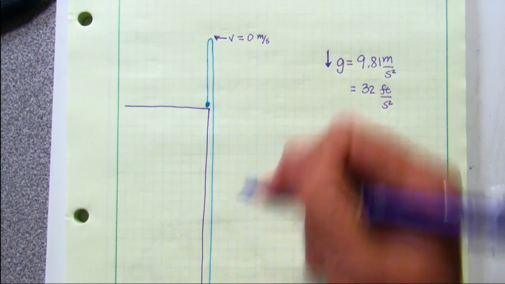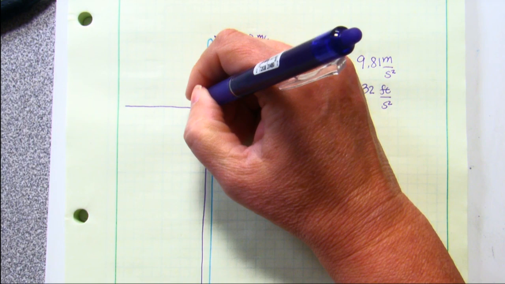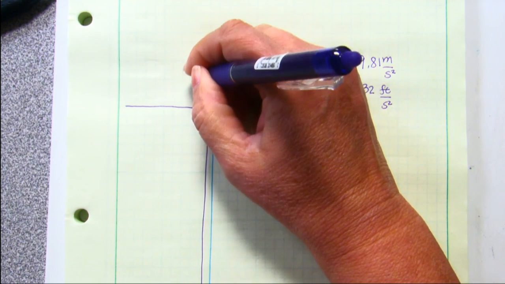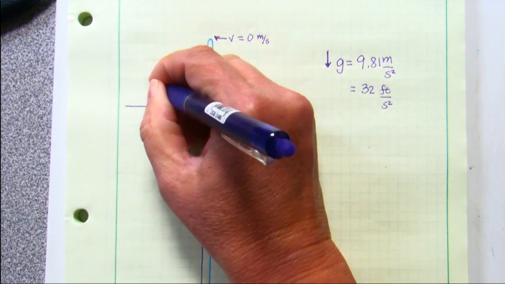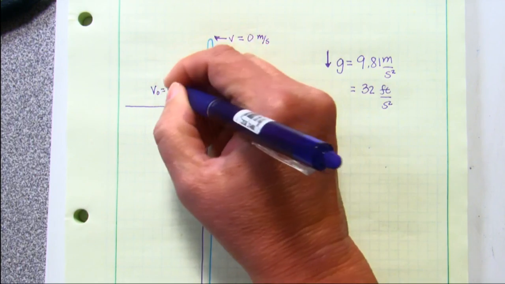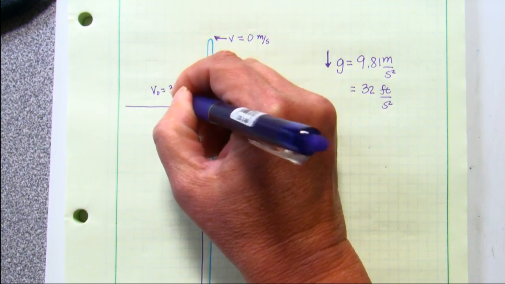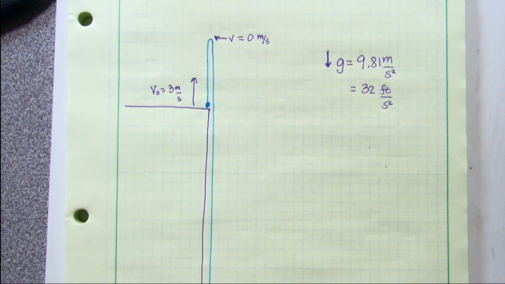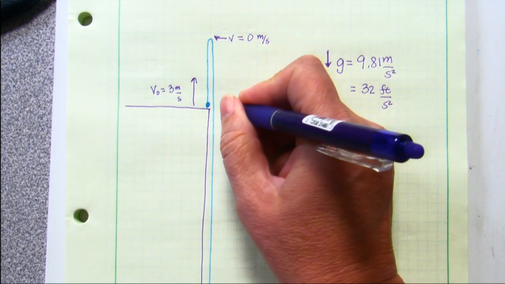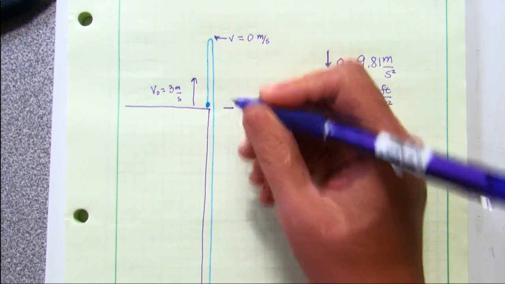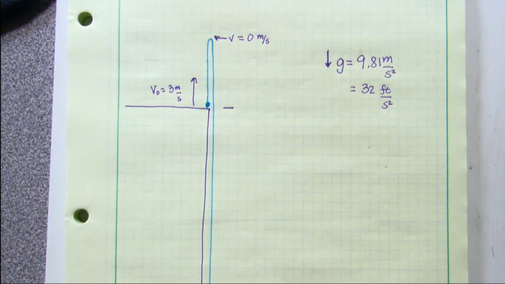Okay? And what we're going to do though, is we're going to toss the ball up with an initial velocity, and we're going to use an initial velocity of 3 meters per second. And then we usually are given something like, okay, as soon as the ball comes back by the edge of the building, because we don't have perfect reaction time, right?